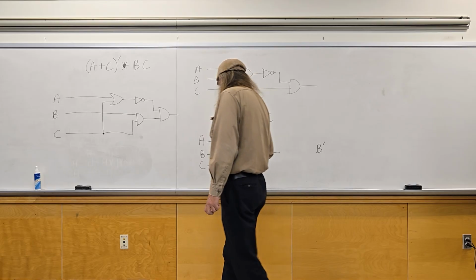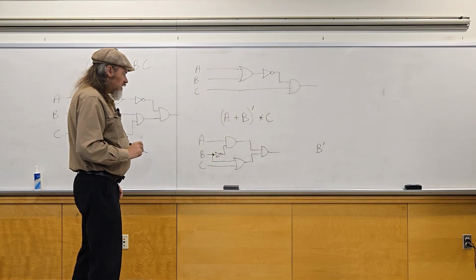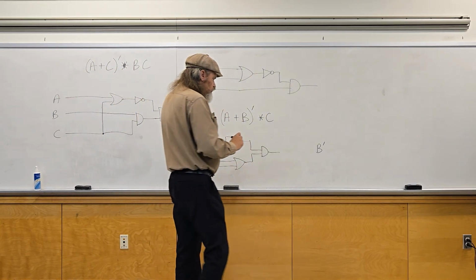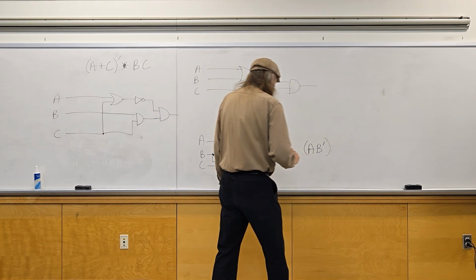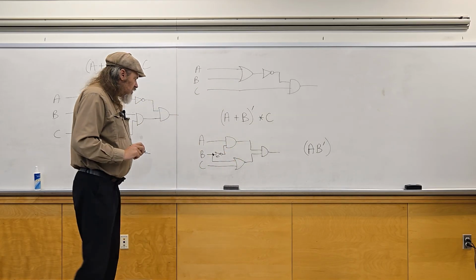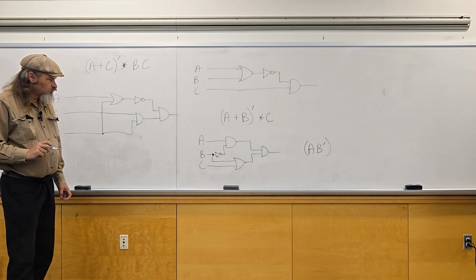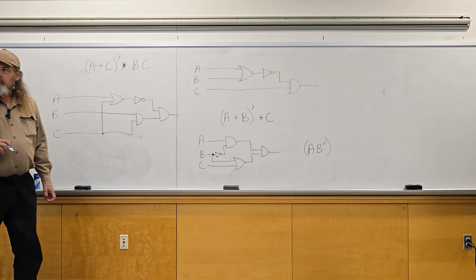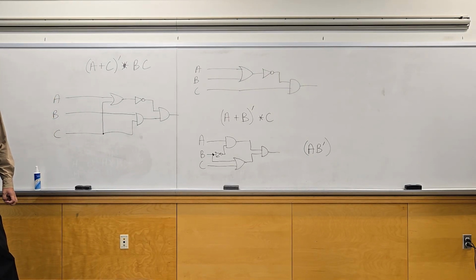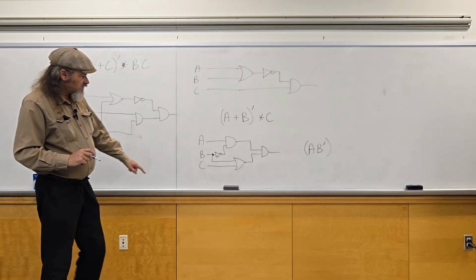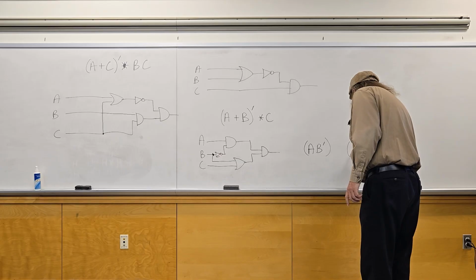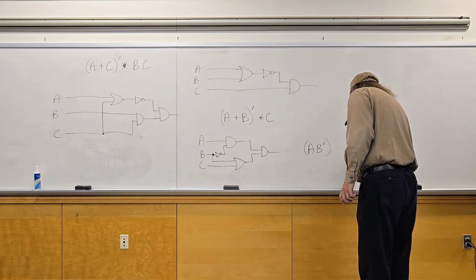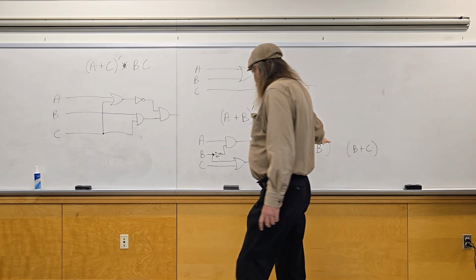And what are we doing with that? ANDed with A. Okay. So we can put that in parentheses. And then add the OR gate. This right here. Do the OR gate here. That's going to be another parentheses. That's B or C. Now you have the two parentheses here.